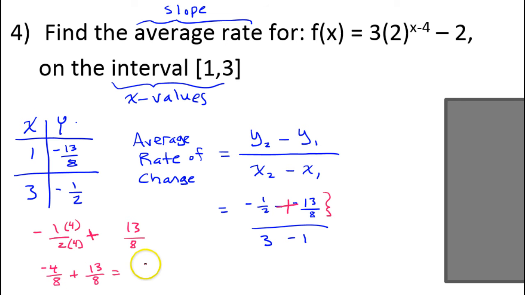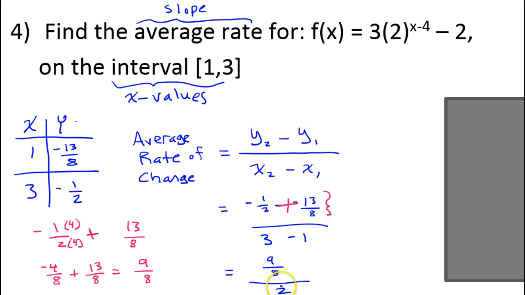Well, that's going to be 9 over 8. So all of that was my numerator. So that's my numerator, 9 over 8. So that means I have 9/8 in the numerator. Now, of course, in the denominator, 3 minus 1, that's just going to be 2.